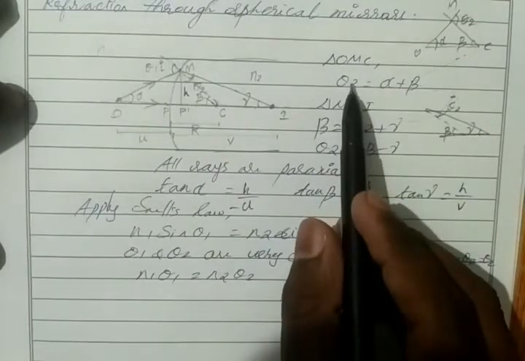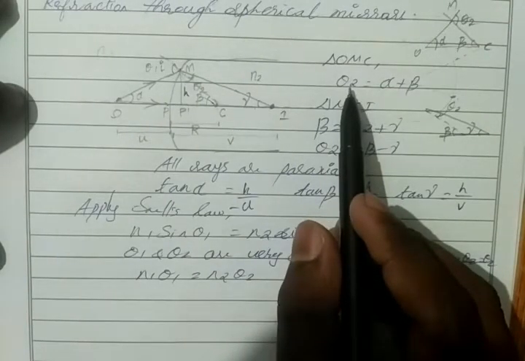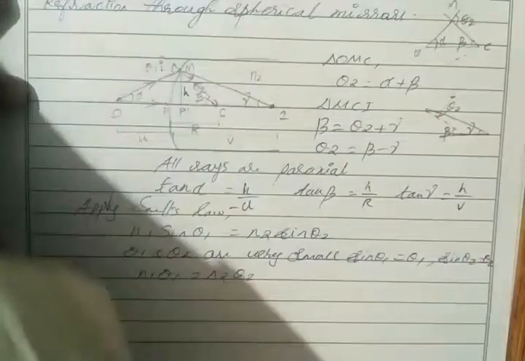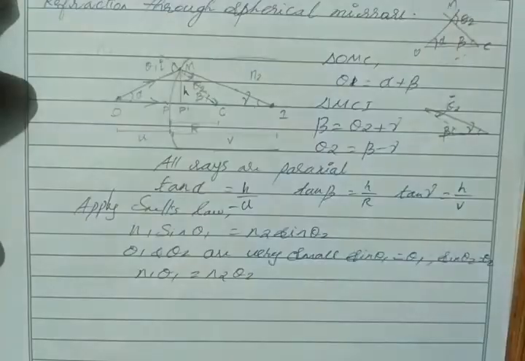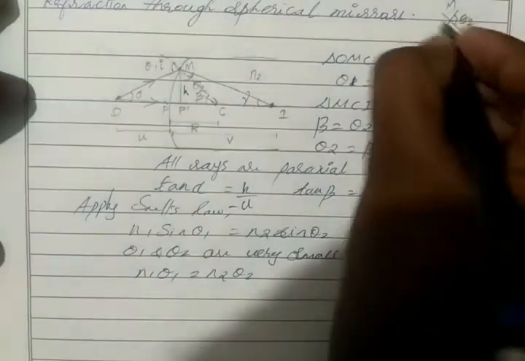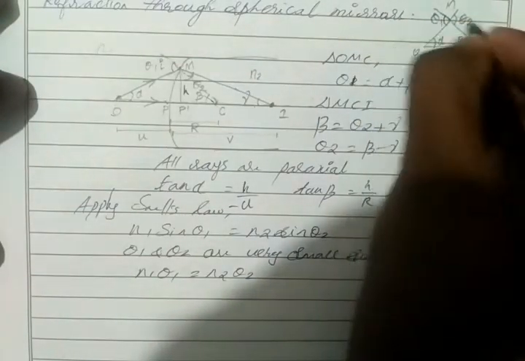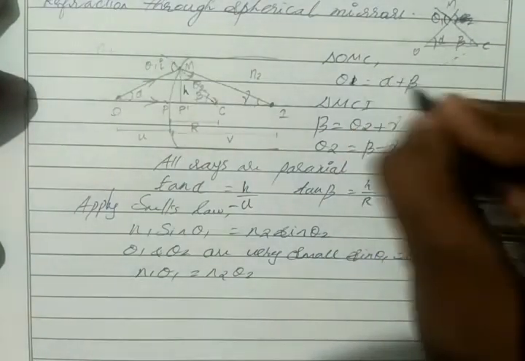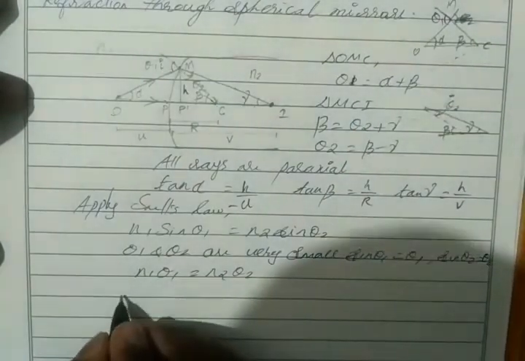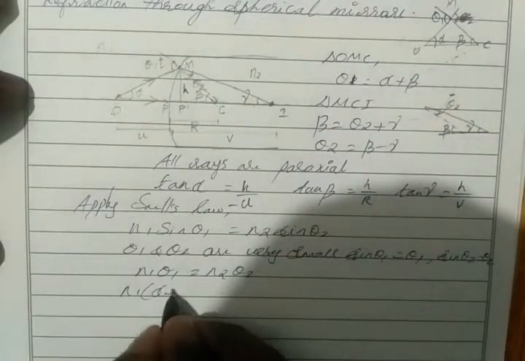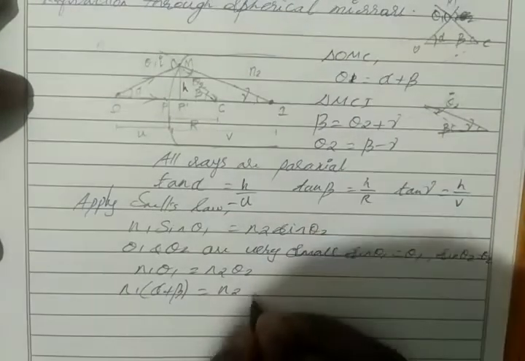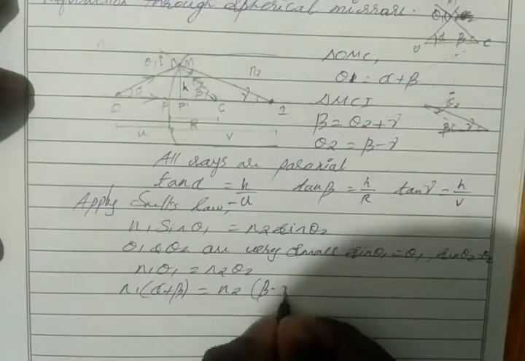Then substitute the values of theta 1 and theta 2. Actually, the exterior angle here is theta 1, I think. Wait a minute. Our exterior angle is theta 1. Yes. So this is theta 1, and this theta 1 is equal to alpha plus beta. Instead of theta 1, I substitute alpha plus beta, equal to n2 times, instead of theta 2, beta minus gamma.